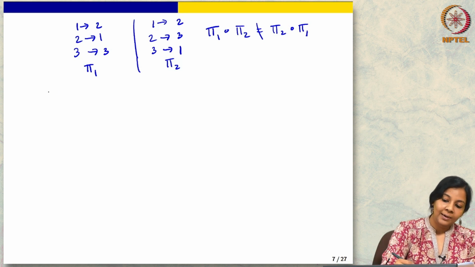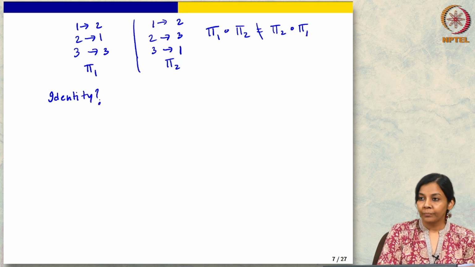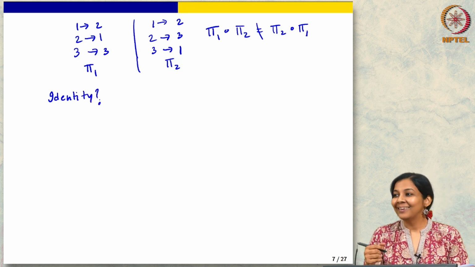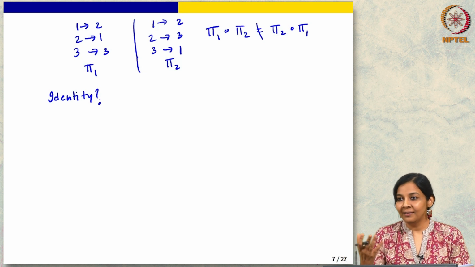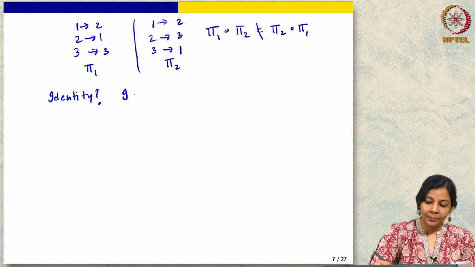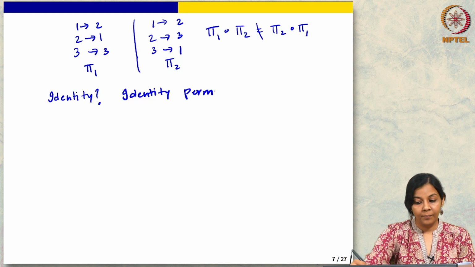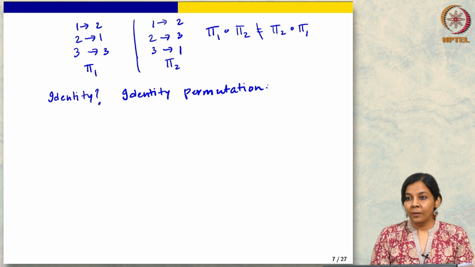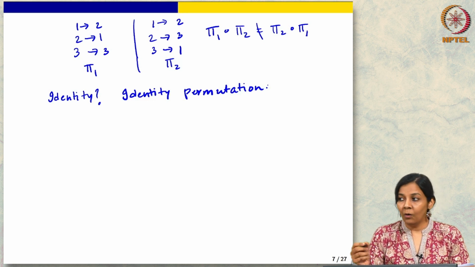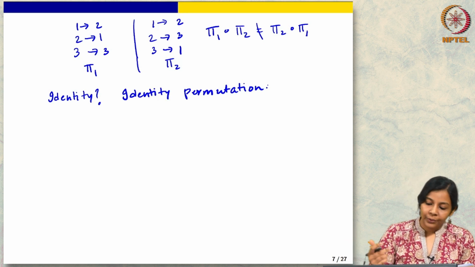Okay, what is the identity here? Every element to itself, just the identity permutation. That is the identity element of the group. And what is the inverse of a permutation?